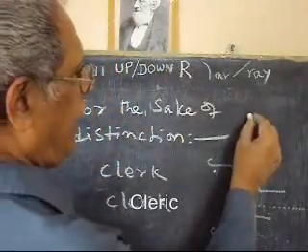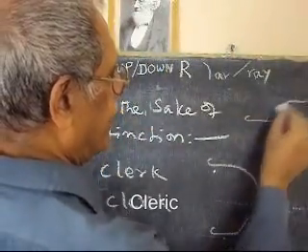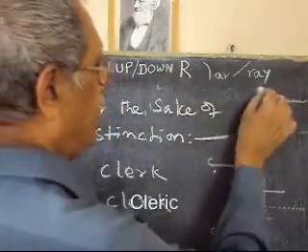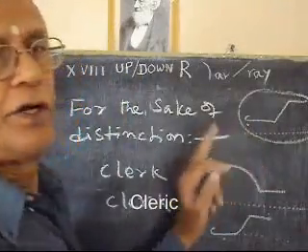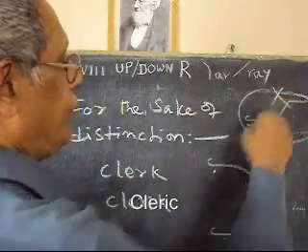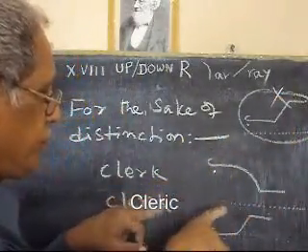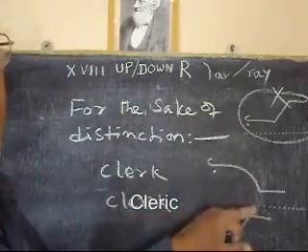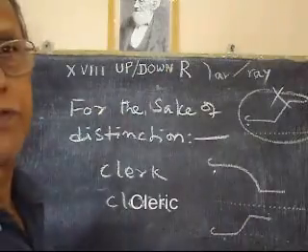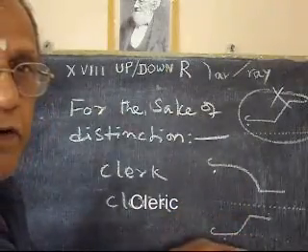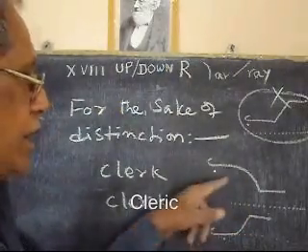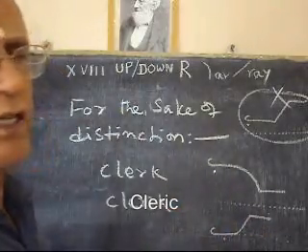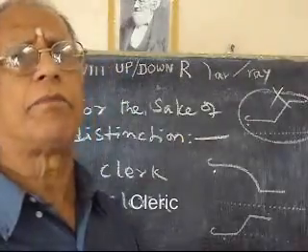Because clerk can be written like this also. But to distinguish it from cleric, in the outline clerk, the downward form is used. That's all. It is a simple thing just to remember.